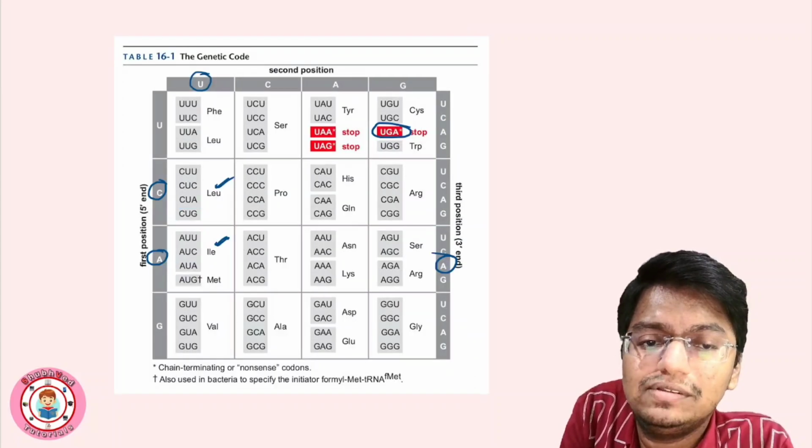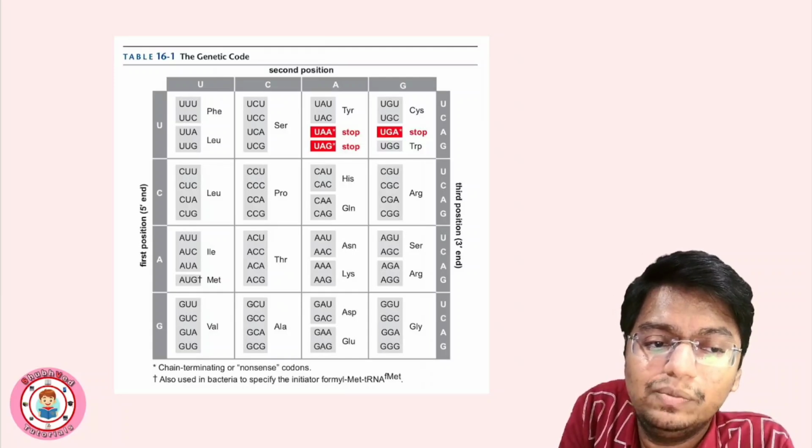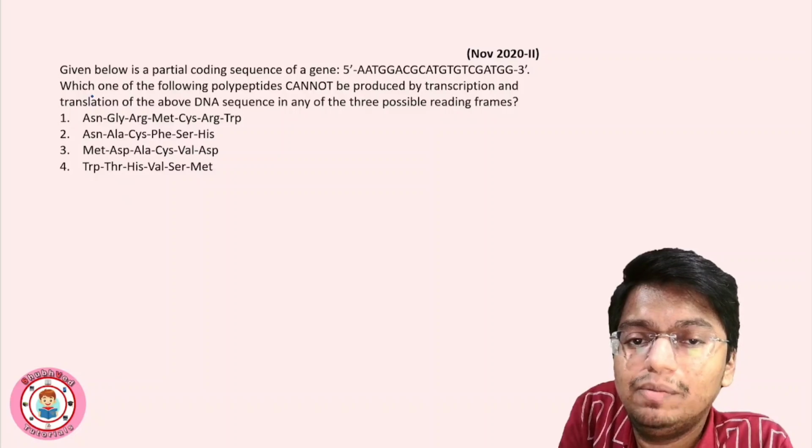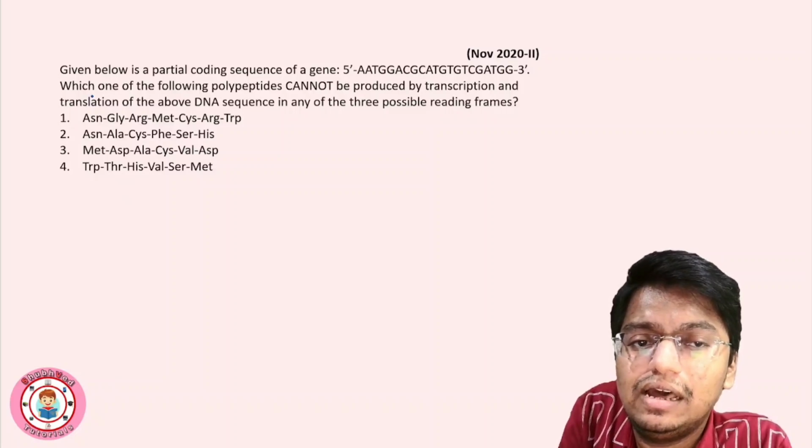Both of these tables are very important about the genetic code. This is the main cytosol nucleus case and mitochondria wala. This is little complicated to solve. Okay, but let's see how.